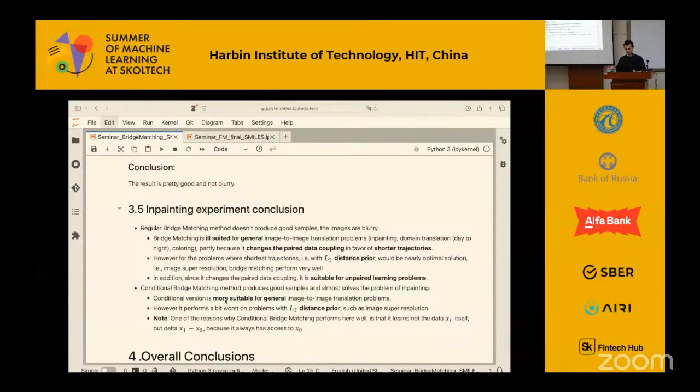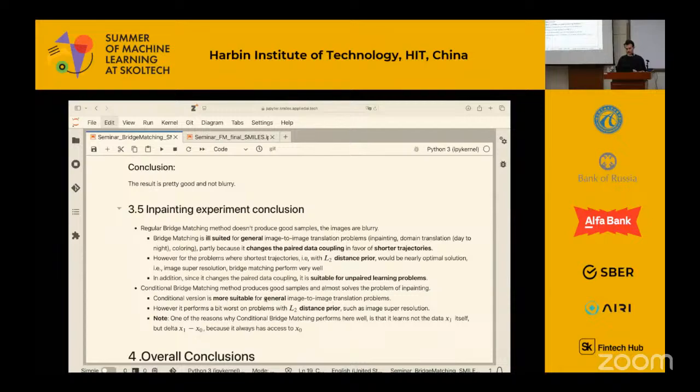Conditional batch matching produces better samples and almost solves the problem of in-painting, and is generally more suitable for general image-to-image translation problems, like day-to-night translation, horse-to-zebra translation, coloring, and so on. And it performs a bit worse than regular batch matching on problems such as image denoising and image super resolution.